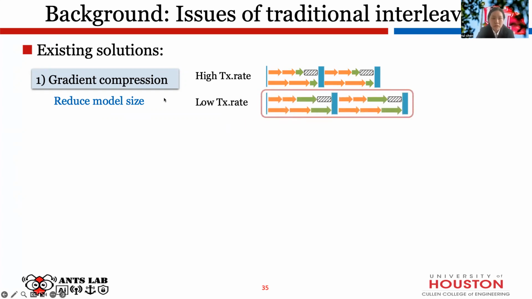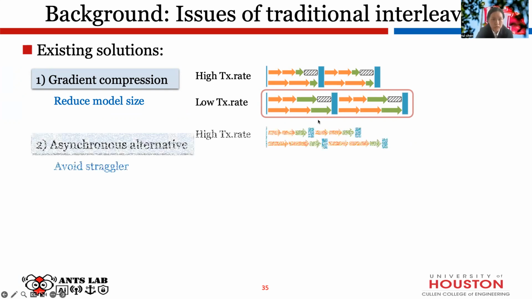However, the compression scheme can only reduce the model size to a certain extent, so it cannot fully address the long network latency issue, and the straggler issue may still exist. So alternatively, we can consider asynchronous protocols.